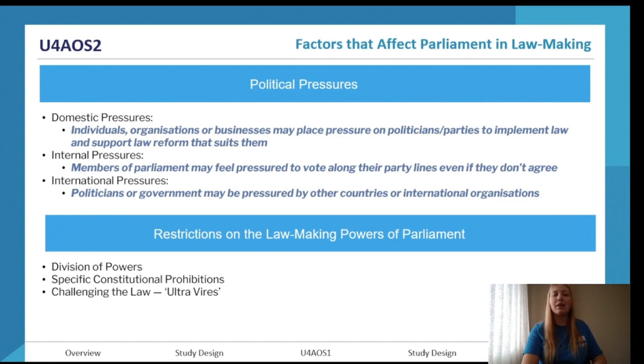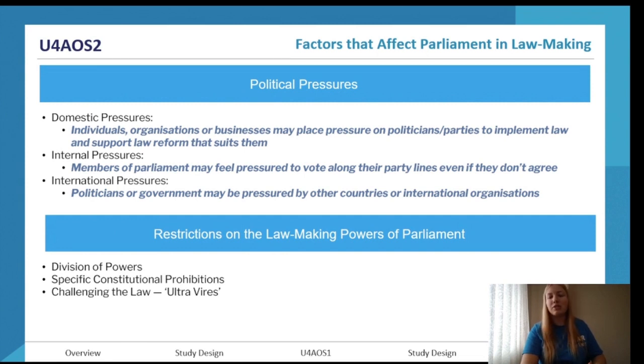Internal pressures are where the members of parliament themselves are feeling pressure to vote along party lines, even if they don't agree with what their party is proposing. And this is very, very true because we often see all members vote along their party lines. And then, of course, international pressures, where other countries or international organizations, or even things like treaties or declarations, could be putting pressure on the politicians or government.